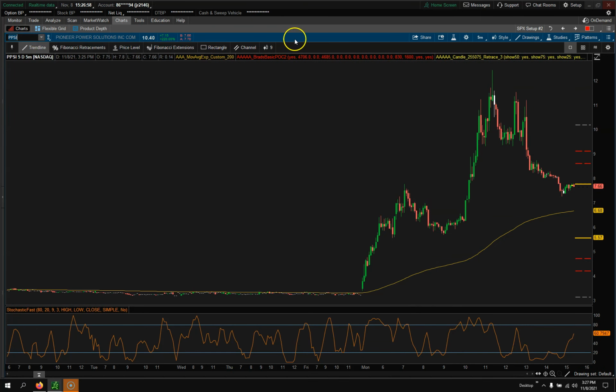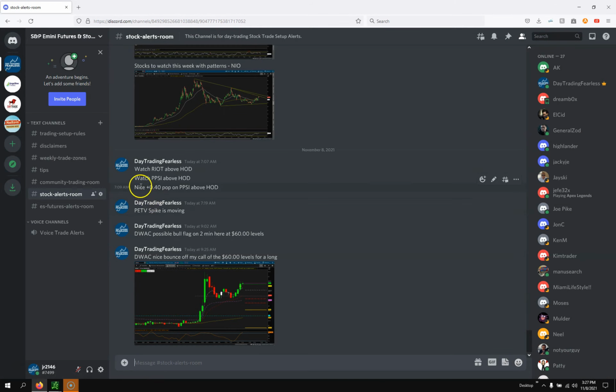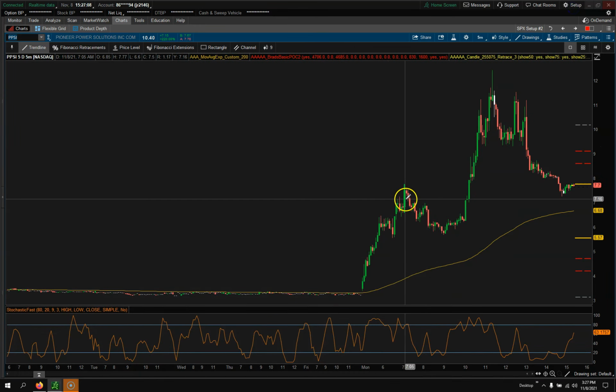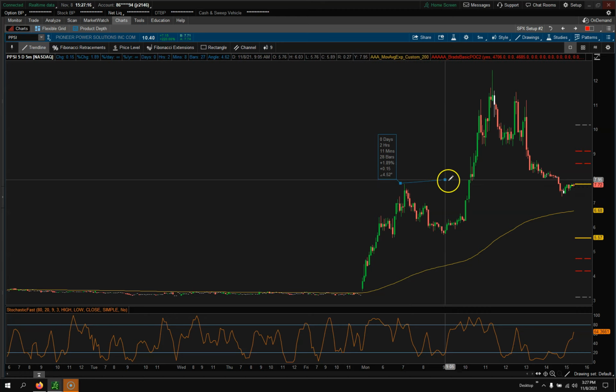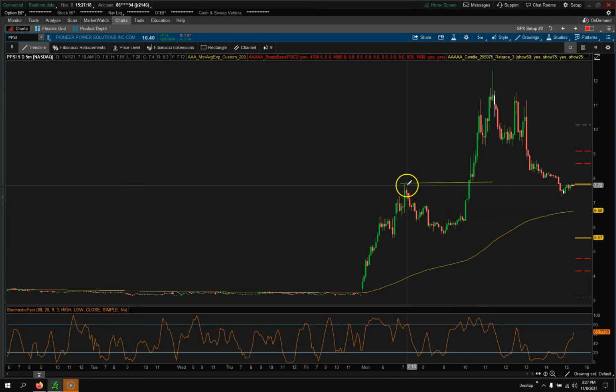And I called that at 7:07 my time, we were right about here. I was saying, watch for this high of day break for a move higher, and then look at that move all the way up. Nice big move.